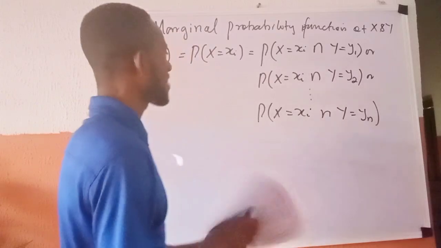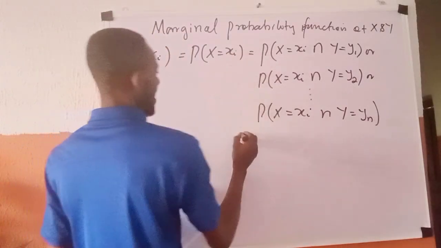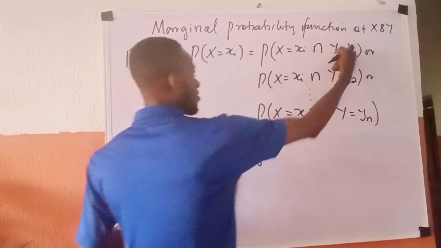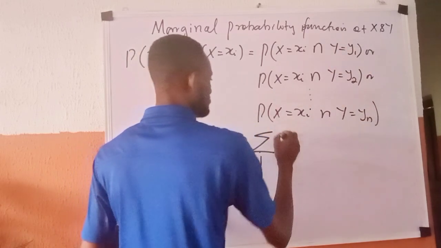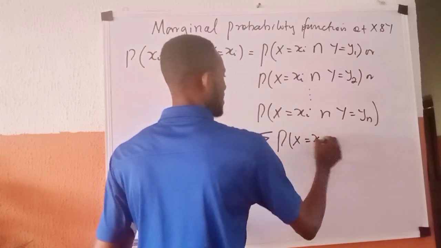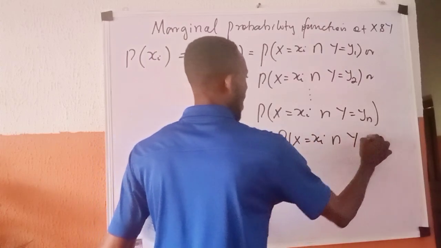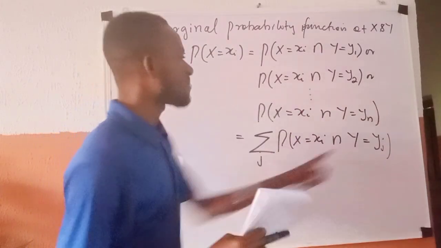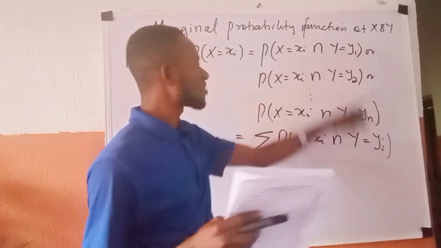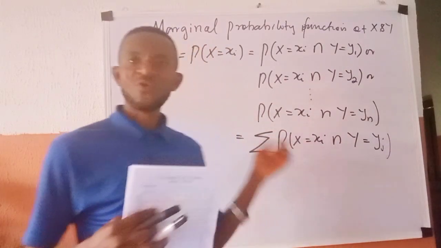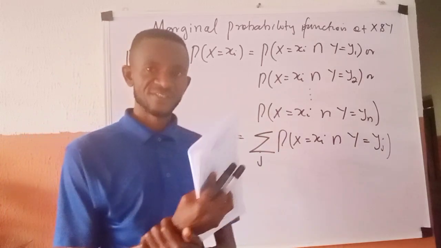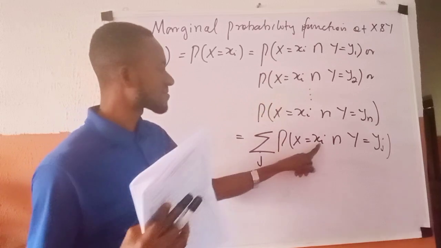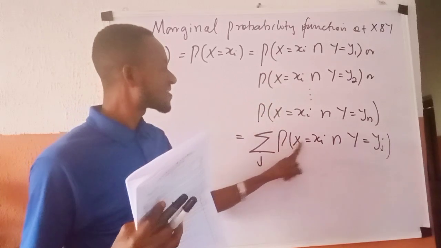So the whole of this thing becomes summation over j, which is running from 1 to n, of P of X equals x_i intersection capital Y equals y_j, because I now know that this j is running from 1 to n. This is what we call the marginal probability of x, that is, at a given value of x.